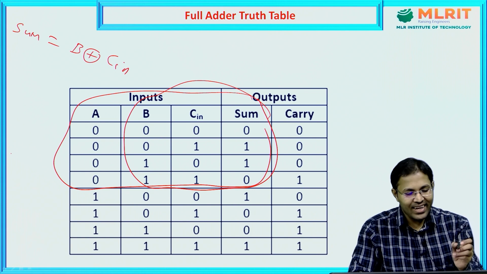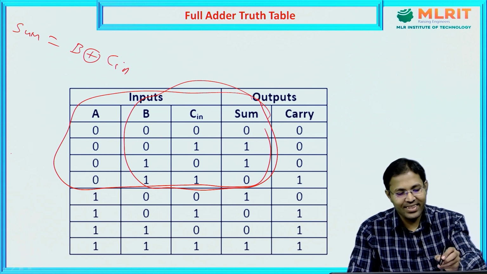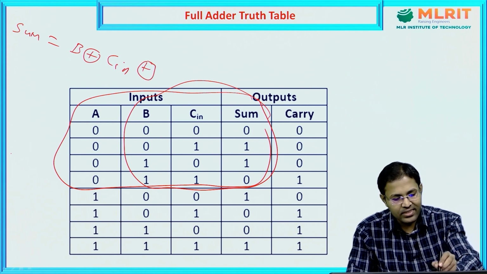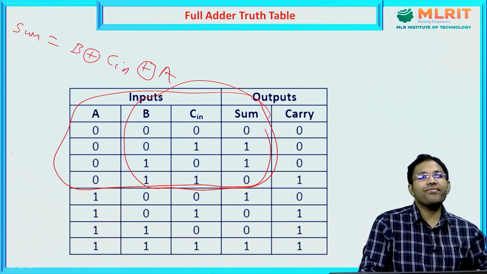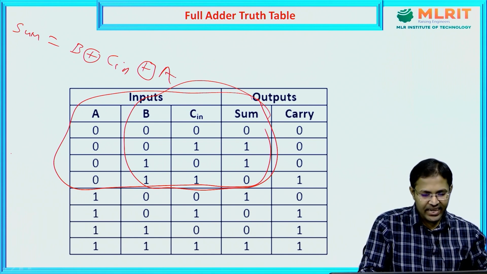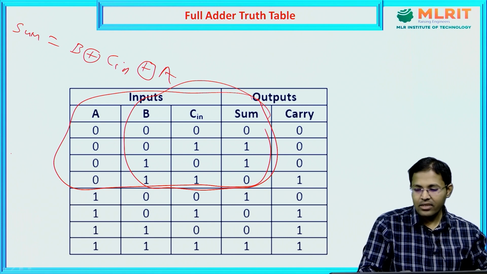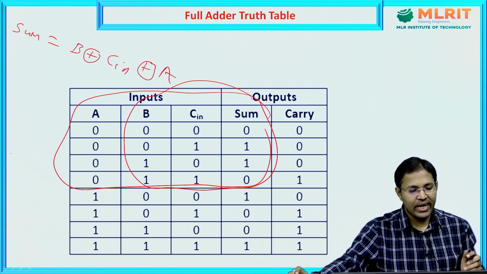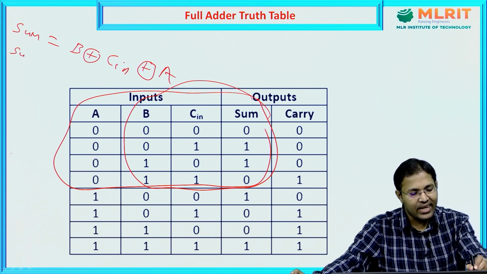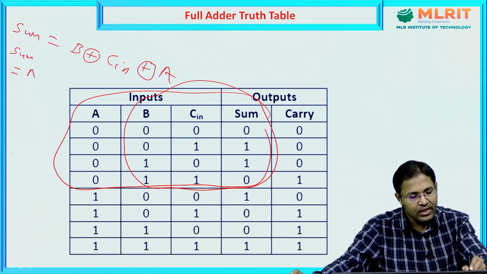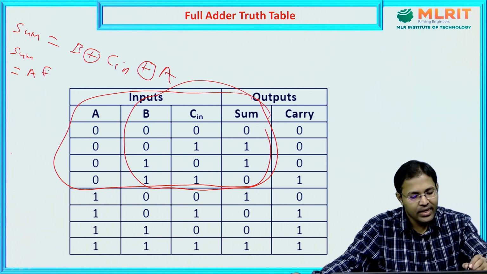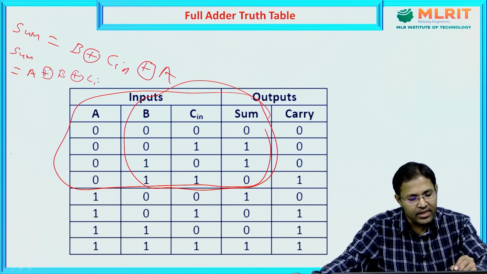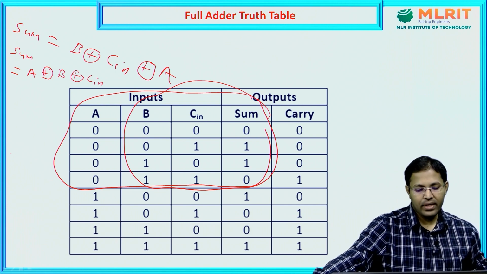So, considering the other input A and based on the theory that we discussed, this is nothing but the XOR of A, B and Cin. So, we can write sum is nothing but A XOR B XOR Cin, okay, right?